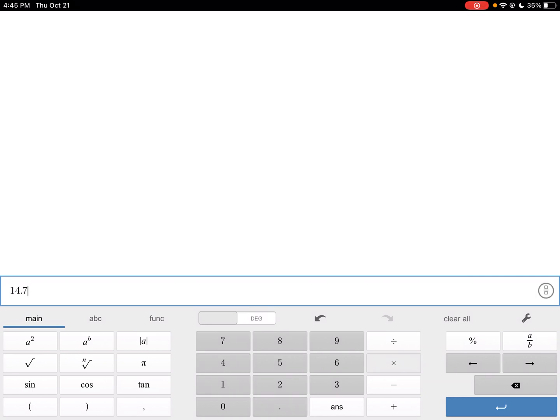14.7 times 0.8 raised to the 50th power. And I get a number that's really, really small. It's pretty much close to 0, isn't it? 2.09 times 10 to the negative 4. That's 0.002.